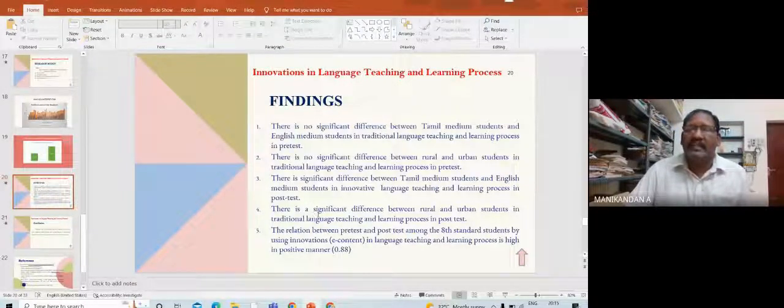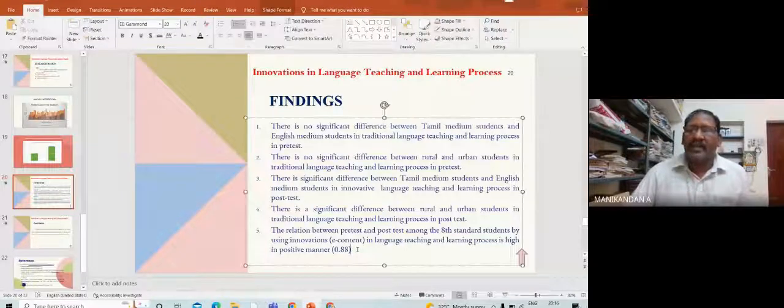And fourth, there is a significant difference between rural and urban students. These two are research hypotheses. And for the fifth hypothesis, I compared the pre-test and post-test. The value is in a positive manner, 0.88.